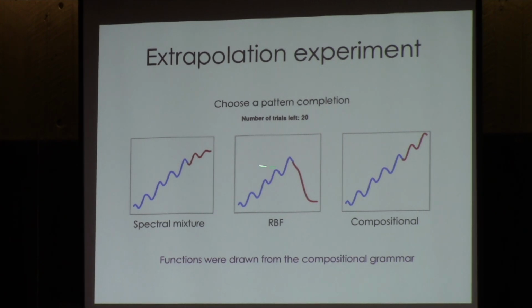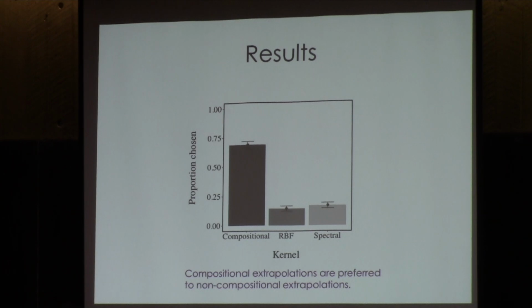And subjects are basically just asked to choose which of these completions they thought is the best. Now, in our first experiment, we drew the functions all from the compositional grammar. And perhaps not surprisingly, we found that people tended to prefer the compositional completions. But of course, these functions were drawn from a compositional kernel, right?